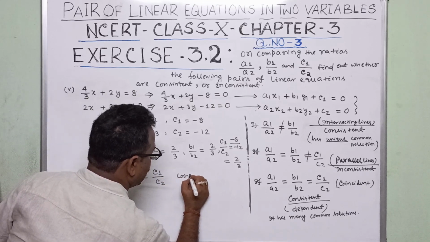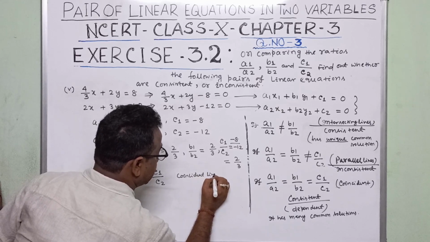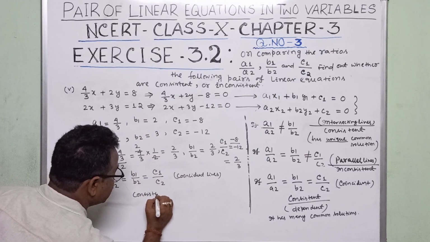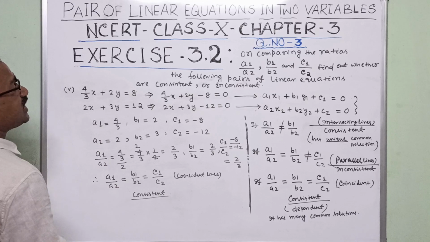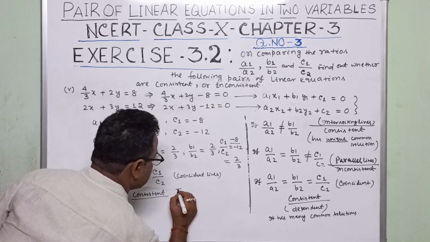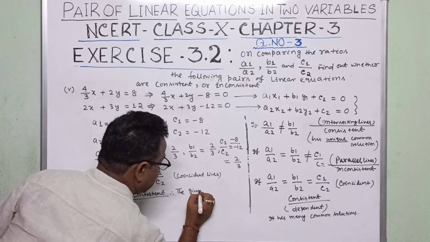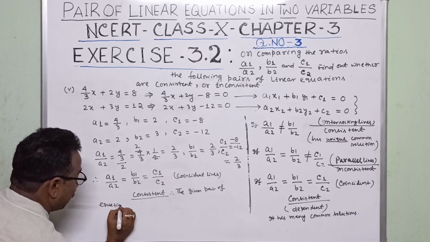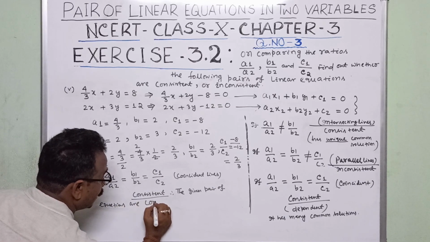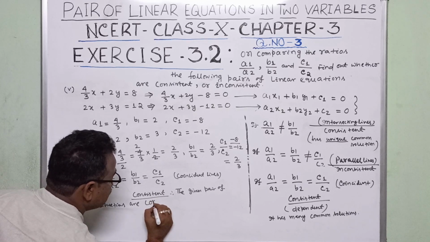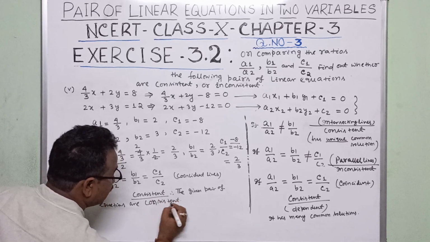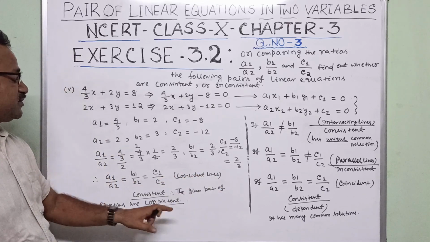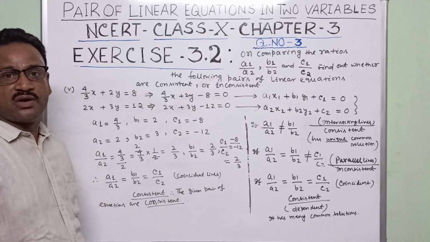Hence, coincident lines, consistent. Therefore the given pair of equations are consistent. So coincident lines are consistent, and they have many common solutions.